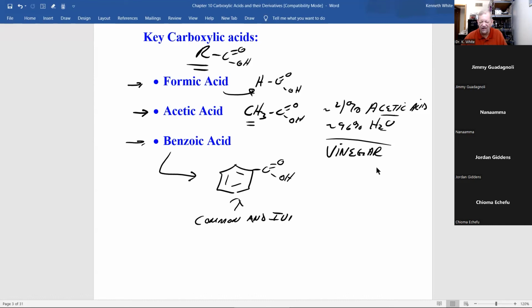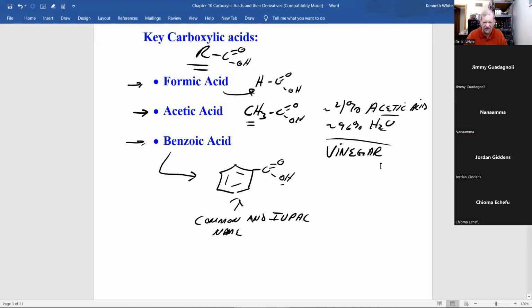And this is another case where IUPAC, in their infinite wisdom, and I mean that with all the greatest respect I can muster up. And that's benzoic acid. And I don't know if I'll get to it today, but a derivative of benzoic acid, something made from that, helps keep your food stable.